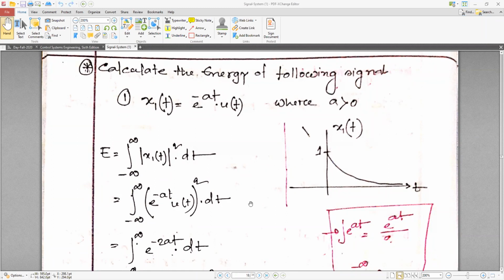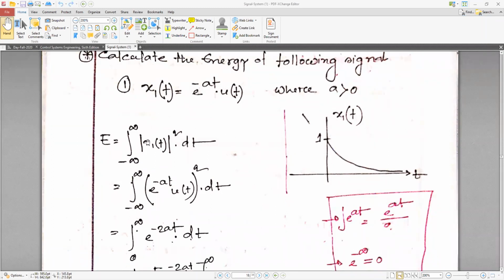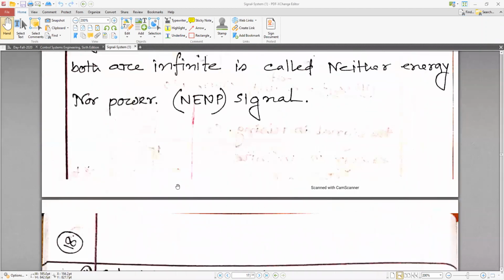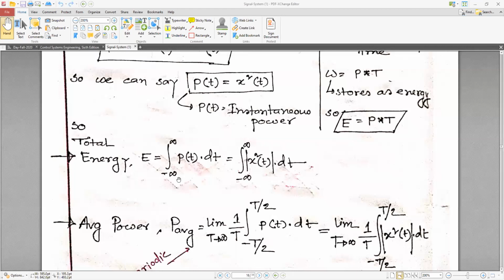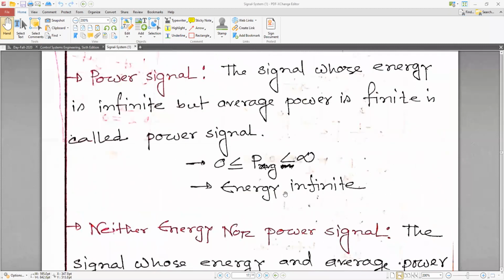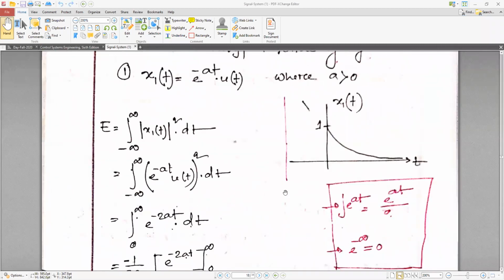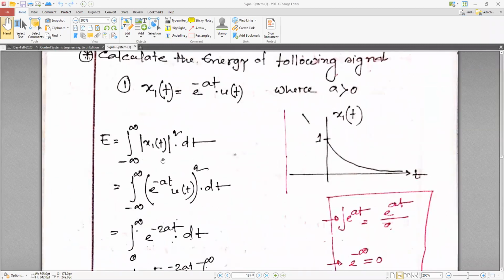So what would you understand from this example? First of all, we have to follow the main equation. See this equation: total energy is the integral from minus infinity to infinity of x(t) square dt. Just put this value here.